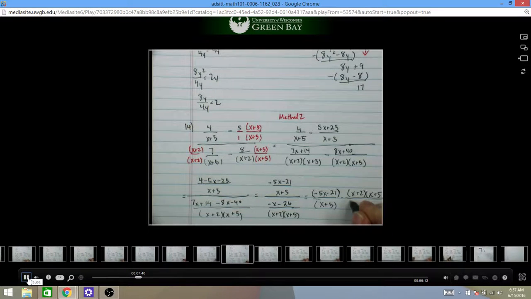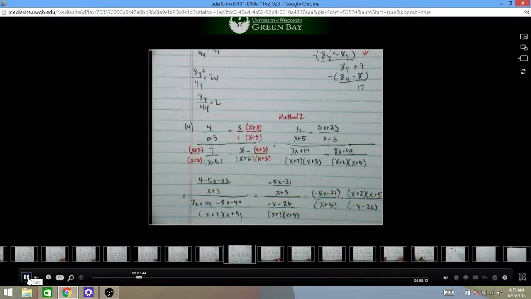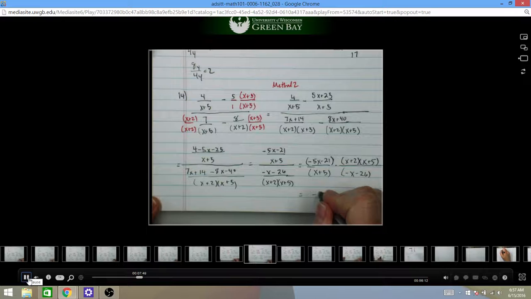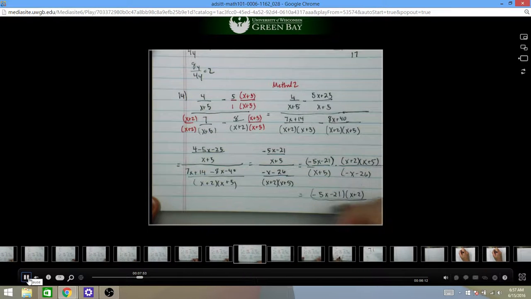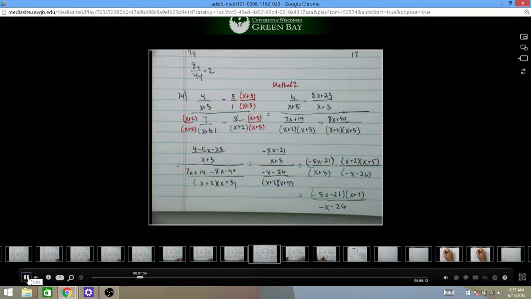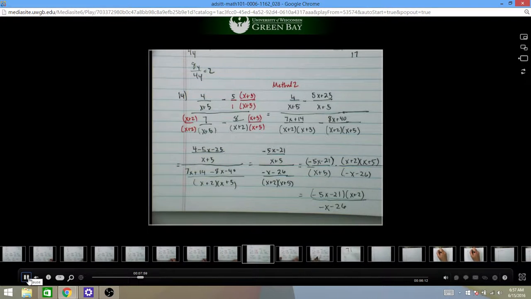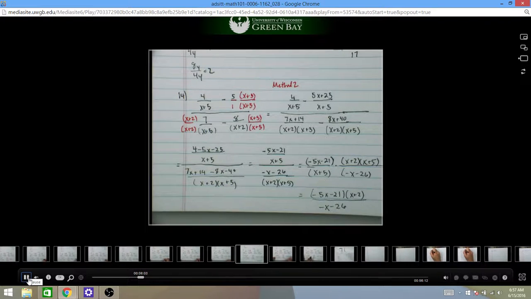So here the whole x plus 5 can cancel. Does anyone have any questions?